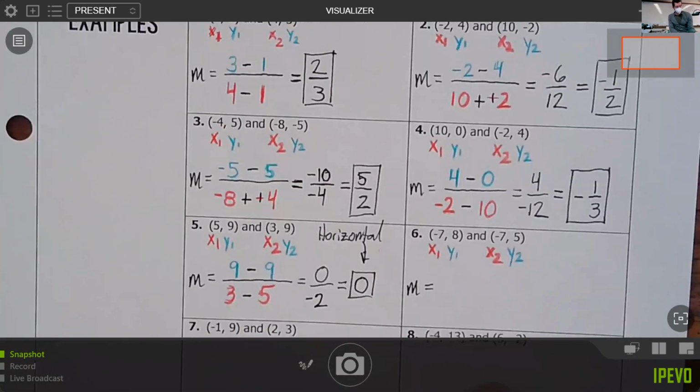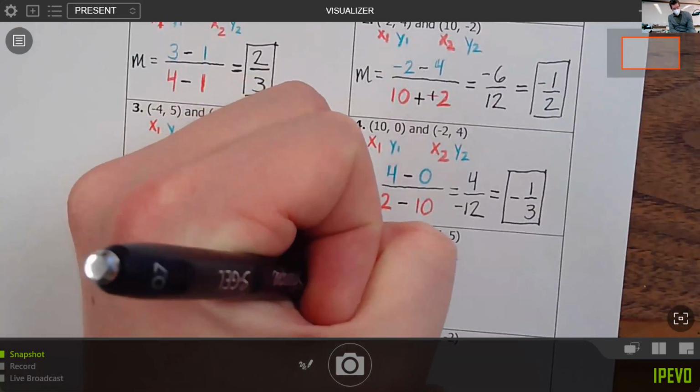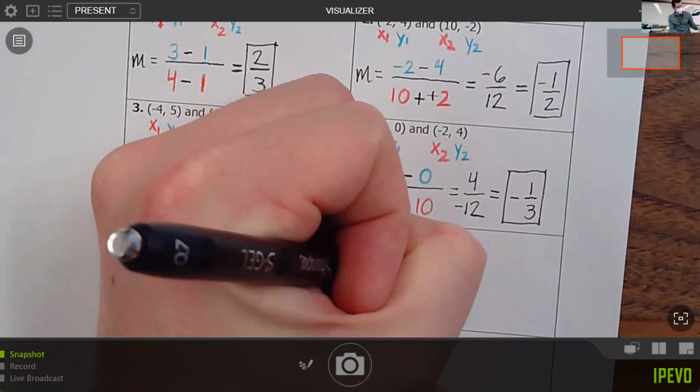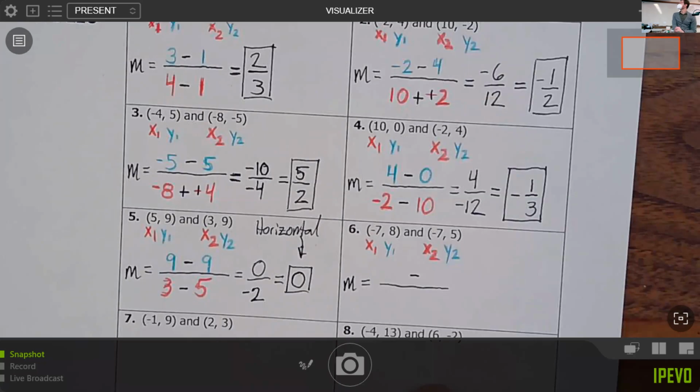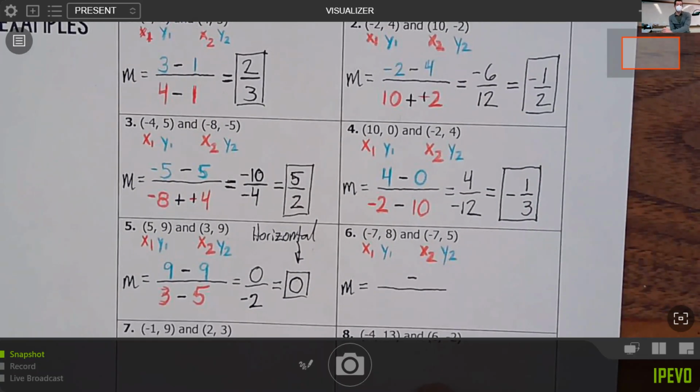Okay, on the numerator of our fraction, what are we going to write? What's the math problem for the top of the fraction? I know a lot of people know what it is and just don't want to say it, but what do we think?